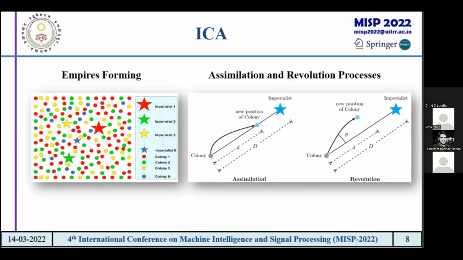Talking about assimilation and revolution processes, they are used to improve the colonies in an empire by moving them toward the imperialist. The difference between revolution and assimilation is that in revolution, colonies move with some deviation in the direction of the imperialist rather than going directly in that direction.